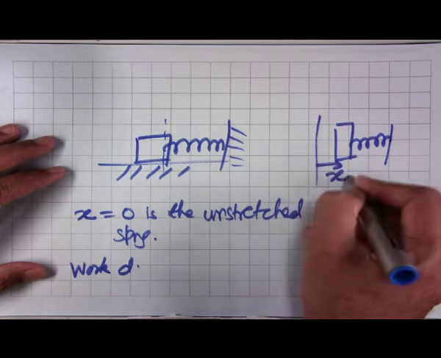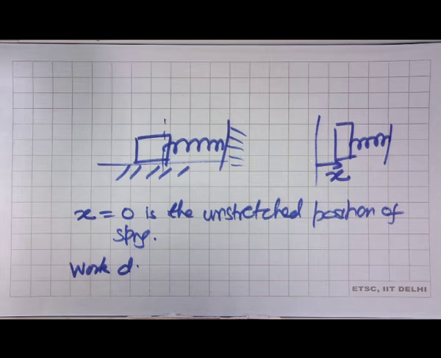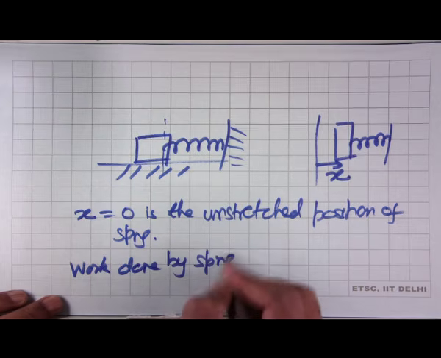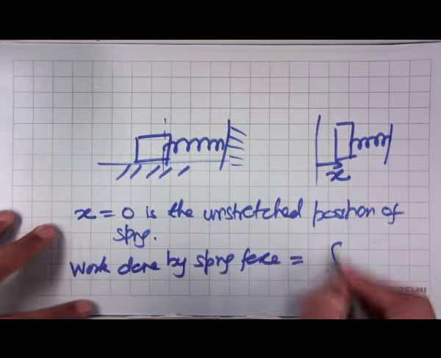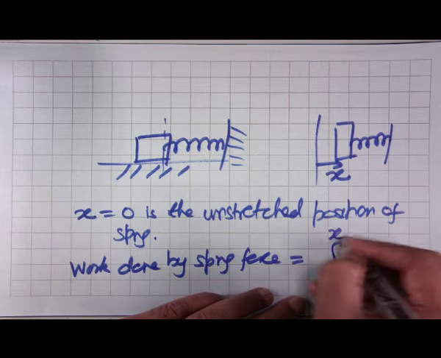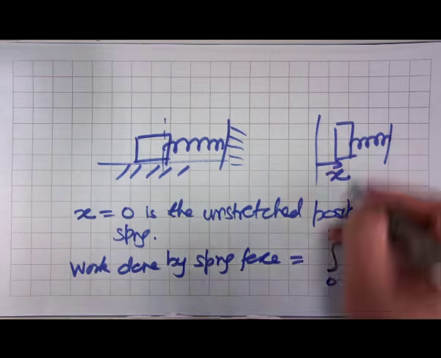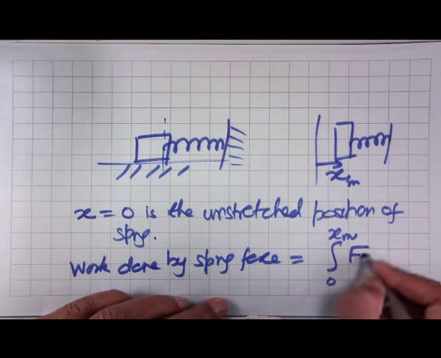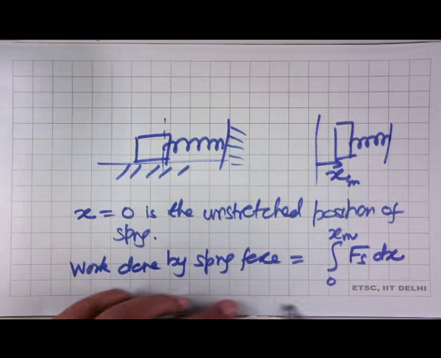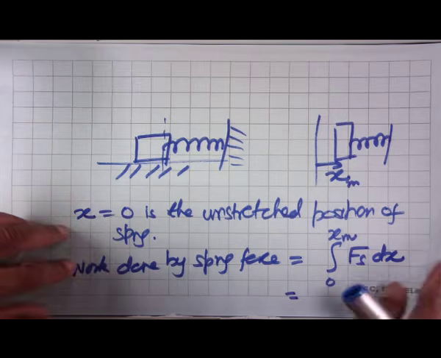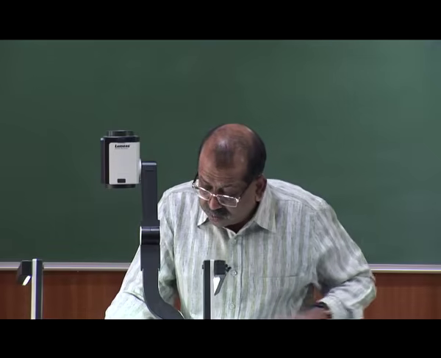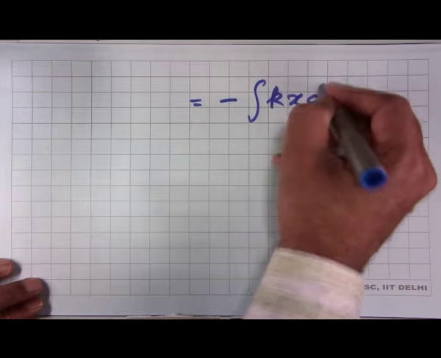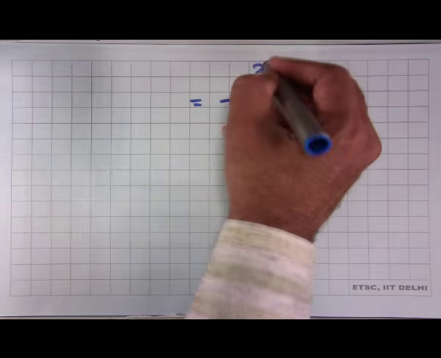if the spring is compressed by distance x, then the work done by the spring force will be equal to the integral from 0 to the current position, let us call it xm, of Fs dx. And this force due to spring, we have seen, is equal to minus kx dx, x going from 0 to xm.